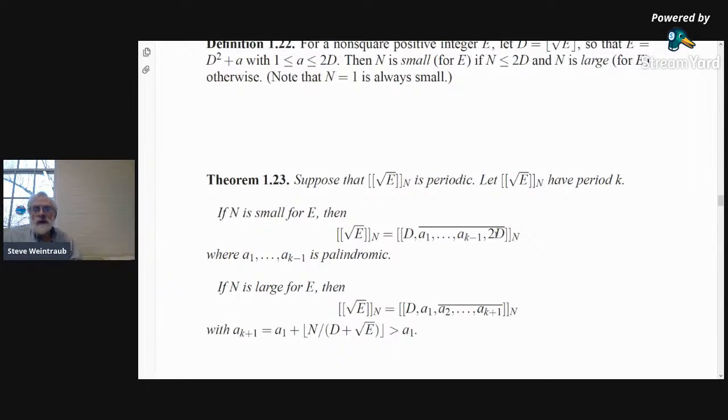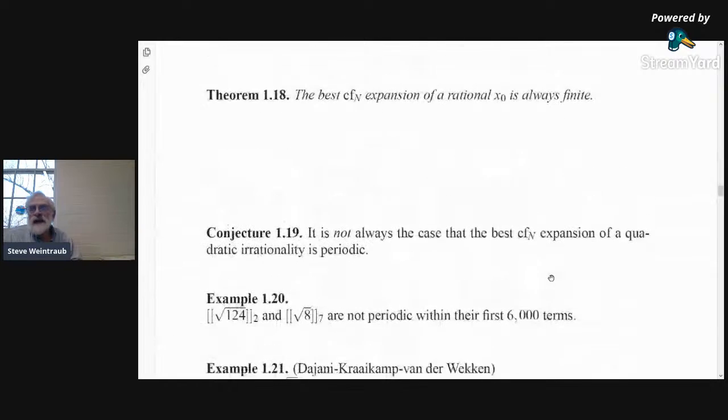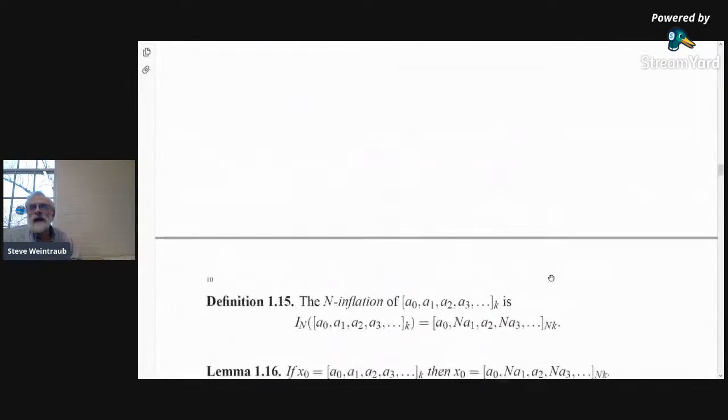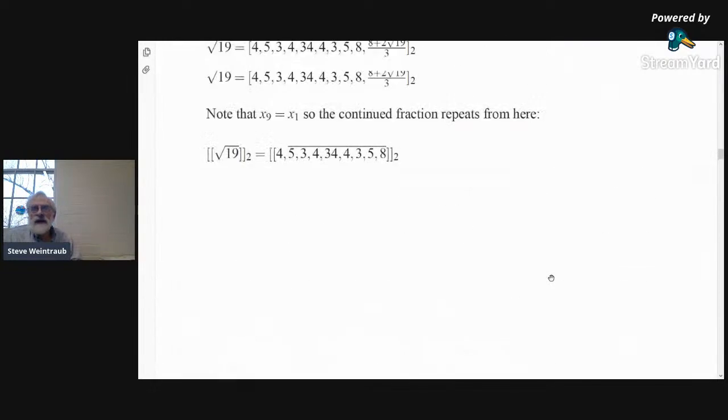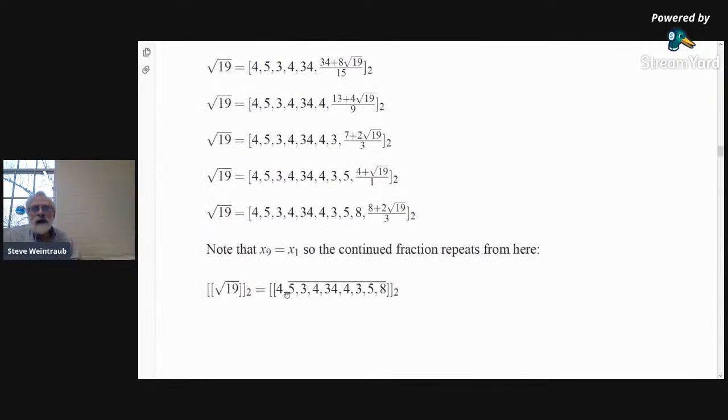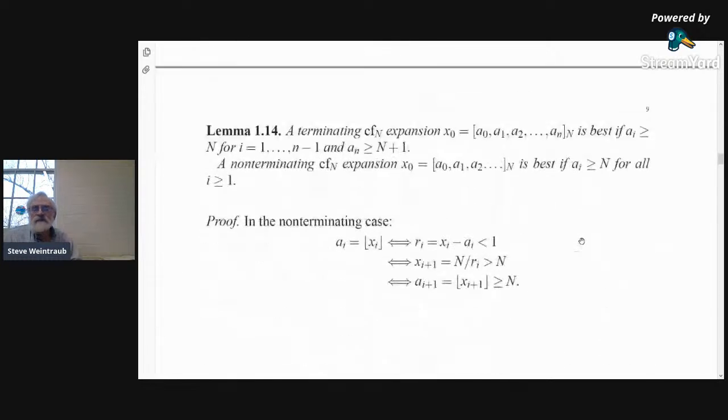The last entry in the period is going to be 2D, and the first k minus 1 entries are palindromic. So we had that for the square root of 19 as well. If we looked at the best CF2 expansion of the square root of 19, here we had period 8, but the first 7 are palindromic. 5, 3, 4, 34, 4, 3, 5 reads the same left to right as right to left.